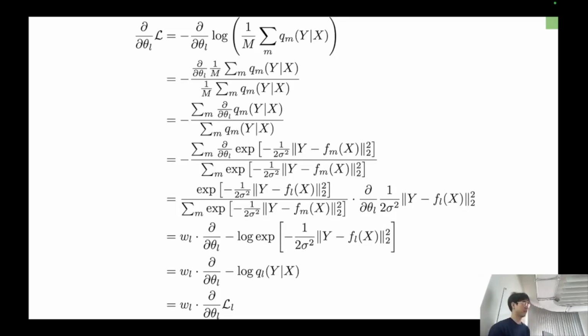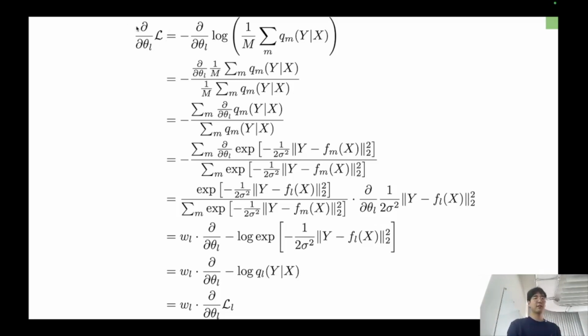So this is the mathematical formulation that I wanted to introduce today, and I love this formulation because it tells me so much about how putting a negative log likelihood in front of some mixture is distributing the supervision signal to different heads, different experts.